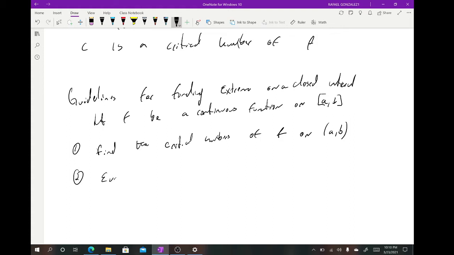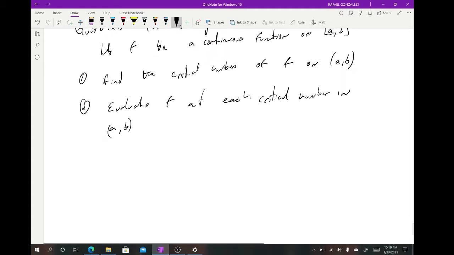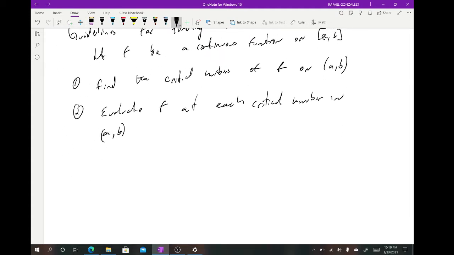Two, you will evaluate f at each critical number in the interval (a, b). That will give you the output value. Three, you will evaluate f at each endpoint of the closed interval [a, b].